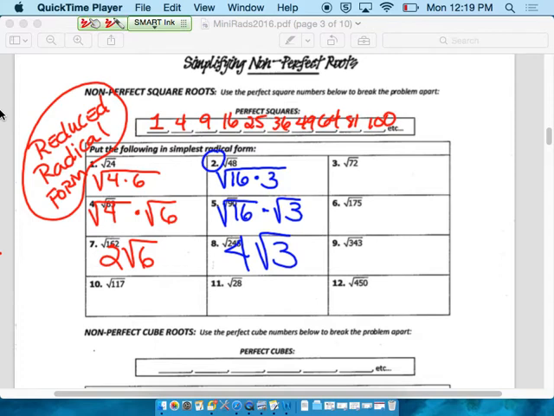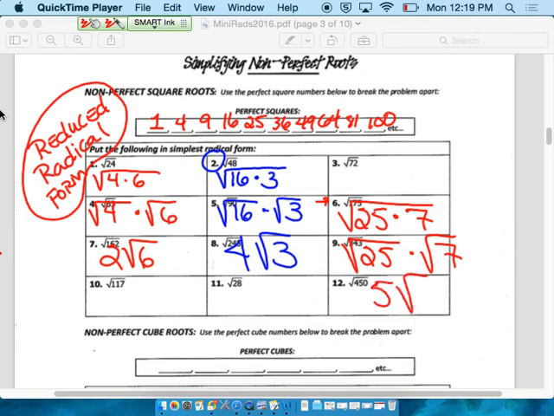Let's look at number 6. The square root of 175. Well, 175 is 25 times 7. 25 is your perfect square, 7 is not a perfect square. So the reduced radical form for this answer would be 5 radical 7. And I'll let you look at the rest of those on your own.